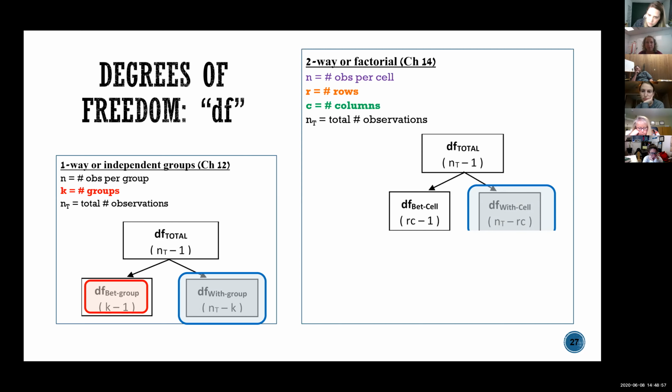Now, what's K basically? K is the number of groups or combination groups. If we have R rows and C columns, how many groups do we have? R times C. So RC together means R times C. So between groups, we have R times C minus 1. And within groups, we have total sample size minus RC combination groups.